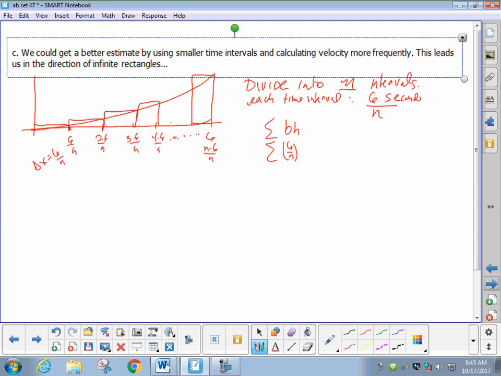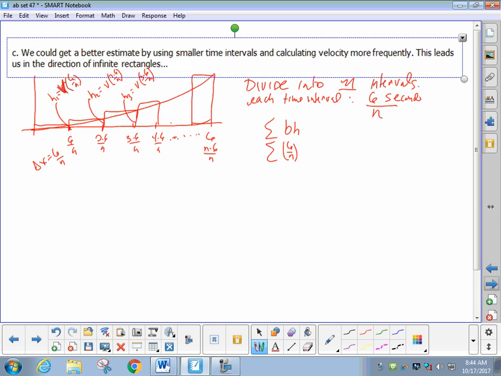Now each height, here's height 1. It's the function, whatever I get when I put 6 over n into the function. Now the function is actually the velocity, so I'm going to call it the velocity at 6 over n. Height 2 is going to be the velocity at 2 times 6 over n. And height 3 is the velocity at 3 times 6 over n seconds, whatever that is.